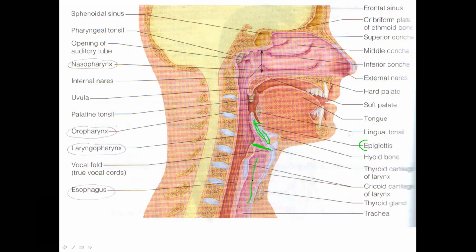The reason people end up choking is because when they're eating, the food is trying to get routed down into the esophagus, the food tube. But because they're talking, the epiglottis has to stay open to allow air to pass through. So if it's open and you're swallowing at the same time, you can risk food getting stuck.